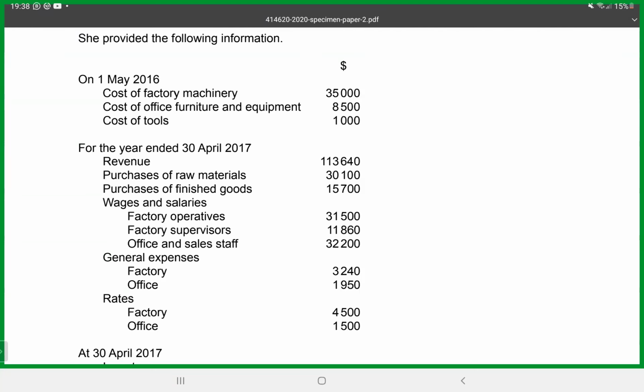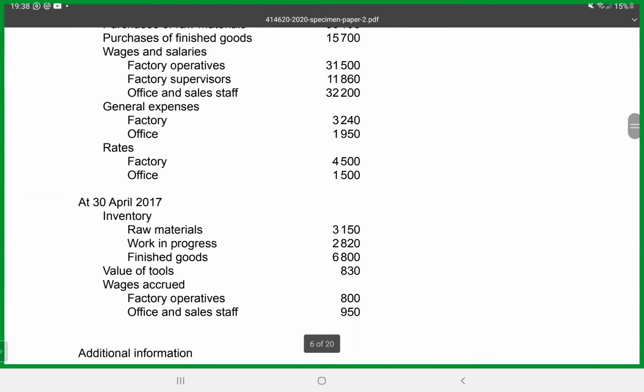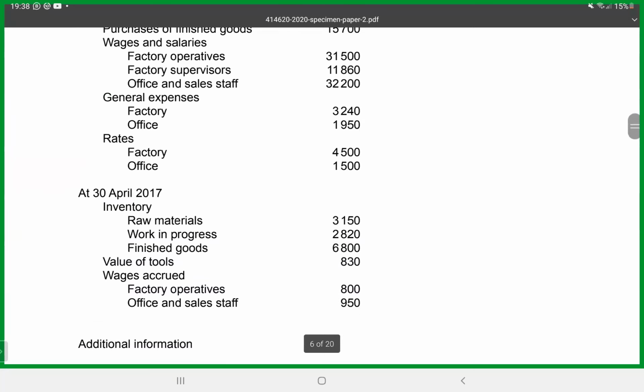But you also have the closing value of the tools. On 30 April 2017, the closing value of the tools is 830.